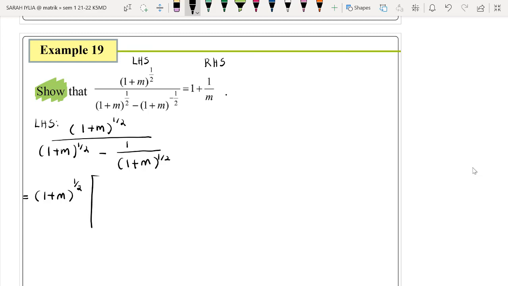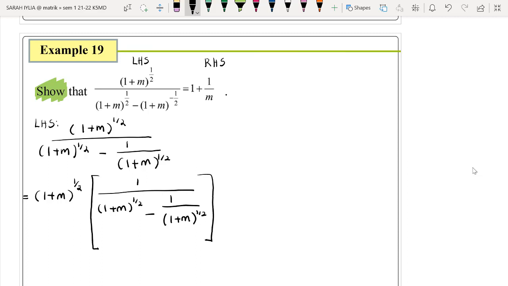Okay. Saya asingkan. Yang tinggal sekarang 1 over. Okay, yang bawah, yang depan ni 1 plus m power half. Kita tak boleh buat apa-apa juga. Minus with 1 minus m to the power of half ni lah. Kenapa saya asingkan ni? So that awak nampak next step nak buat apa.